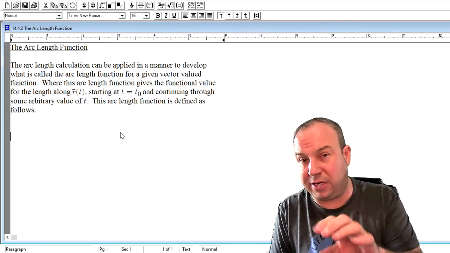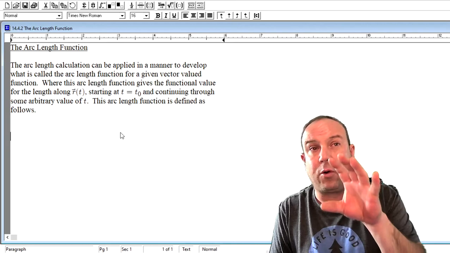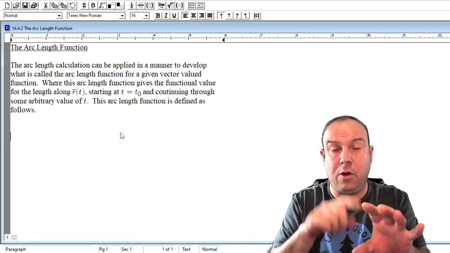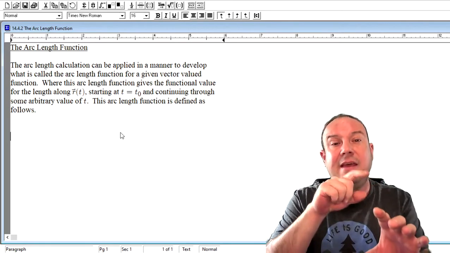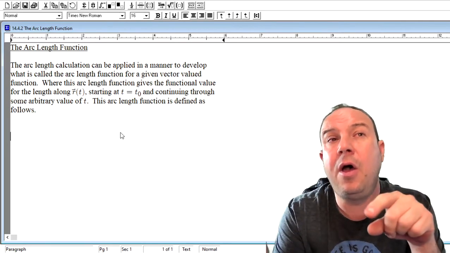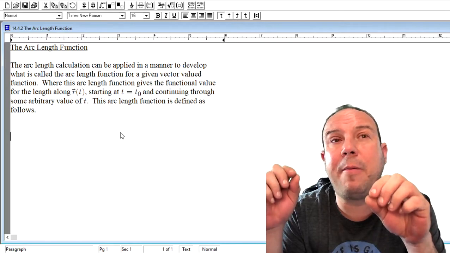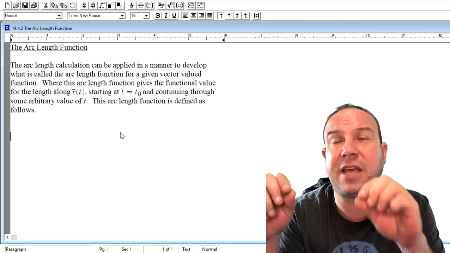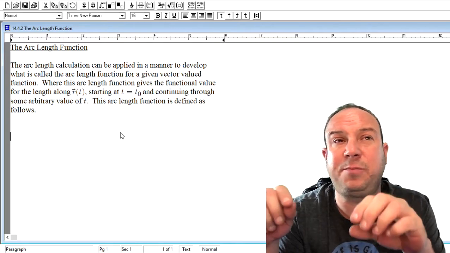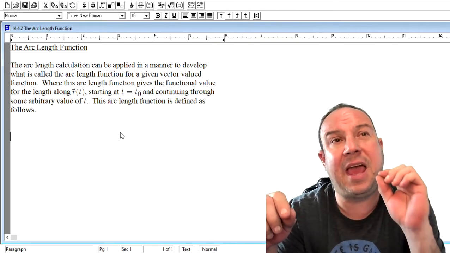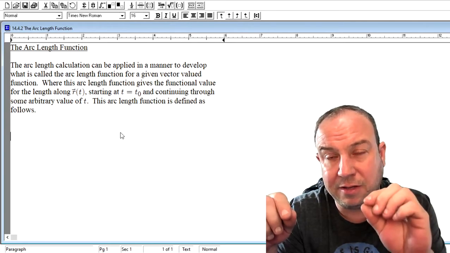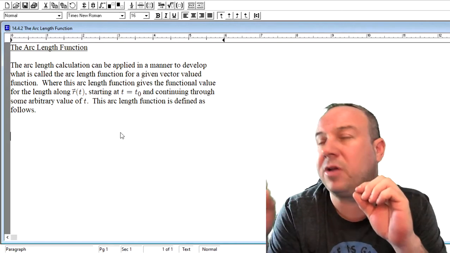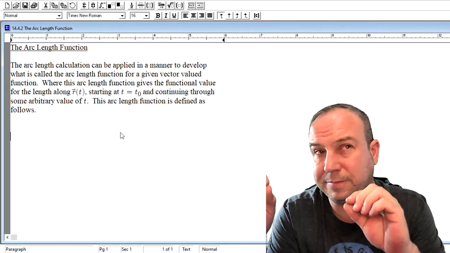It's an output, a dependent value for a scalar measurement, folks, of length, where this output of length depends upon the point on the function. Well, I should say here, depends upon the distance between some starting point at t equal to t null and some ending point at some arbitrary value of t, right?